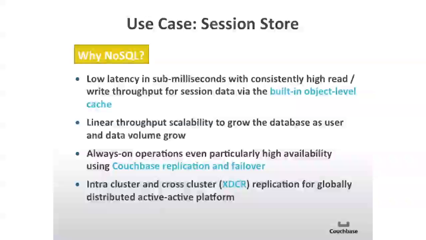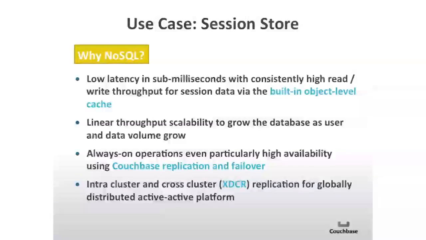Also, we have intra-cluster replication and cross data center replication. The intra-cluster replication is mainly for durability. Within the cluster, you can configure the number of replicas, and all this replication happens, as I mentioned, memory to memory, so it's much faster, and we guarantee that your data is consistent.